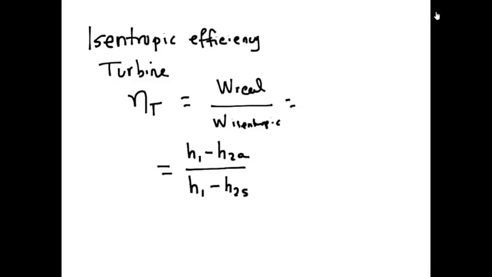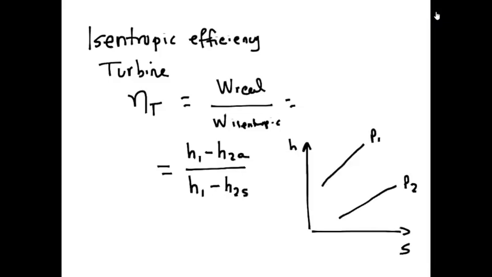So what are we talking about? In a diagram of enthalpy with respect to entropy, for the ideal way, no heat is lost during the process in the turbine.